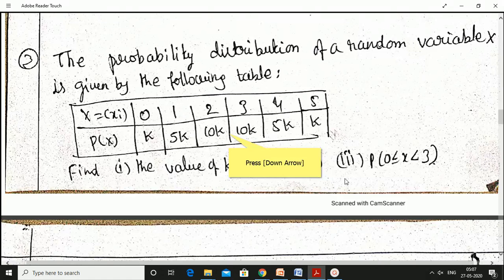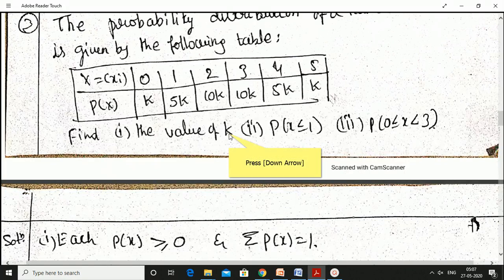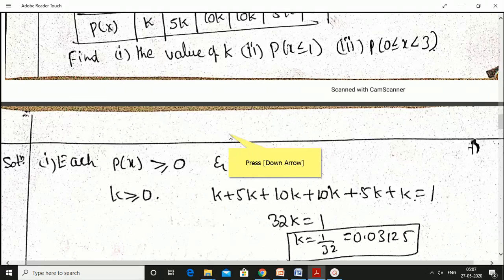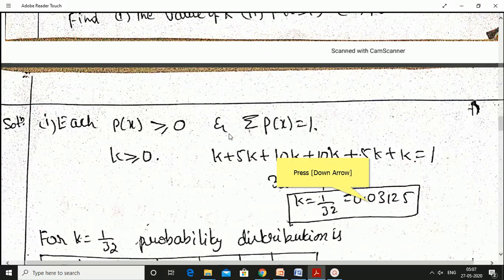Each P of x greater than or equal to 0 is possible only when k must be greater than or equal to 0. And the summation of P of x means k plus 5k plus 10k plus 10k plus 5k plus k is equal to 1.